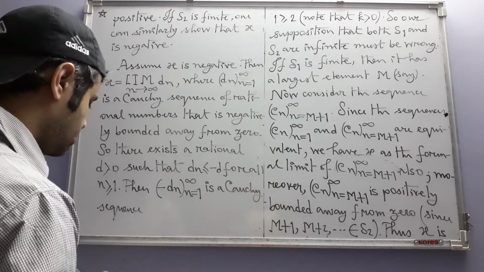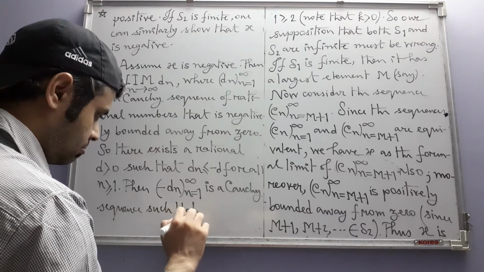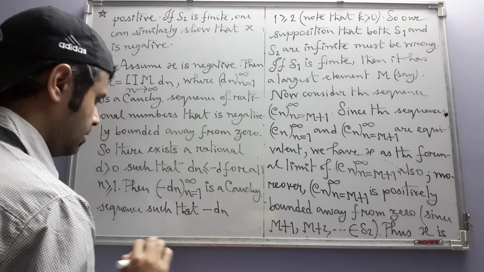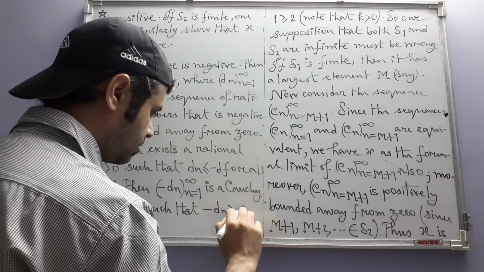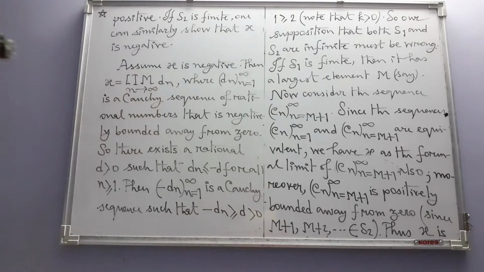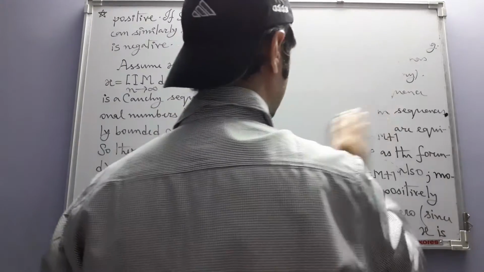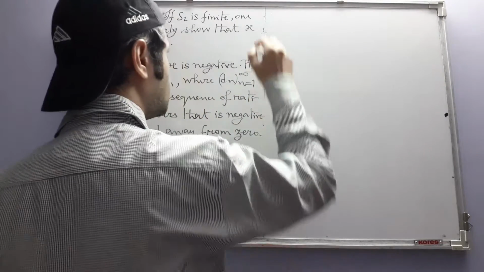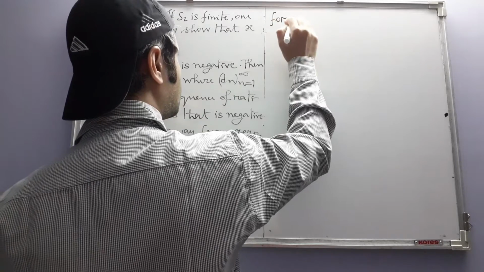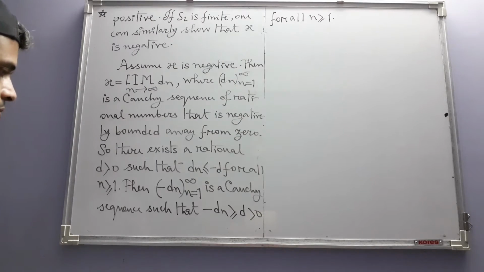So this is a Cauchy sequence such that, from these inequalities, it follows that minus d_n is greater than or equal to d, which is greater than 0, for all n greater than or equal to 1.